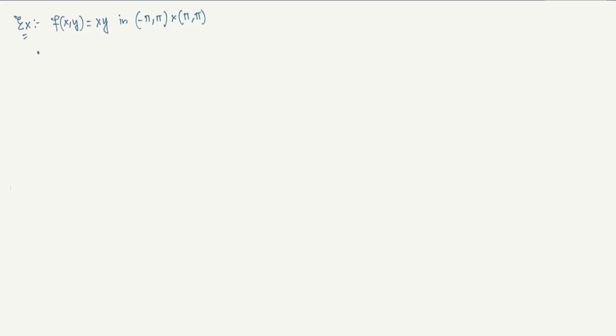Now you see, you have to check: f(-x, y), if you are doing minus x, this becomes minus x times y, right? And that is nothing but minus f(x, y). And again, if you think about it, f(x, -y) is nothing but minus x times y, which is minus f(x, y).